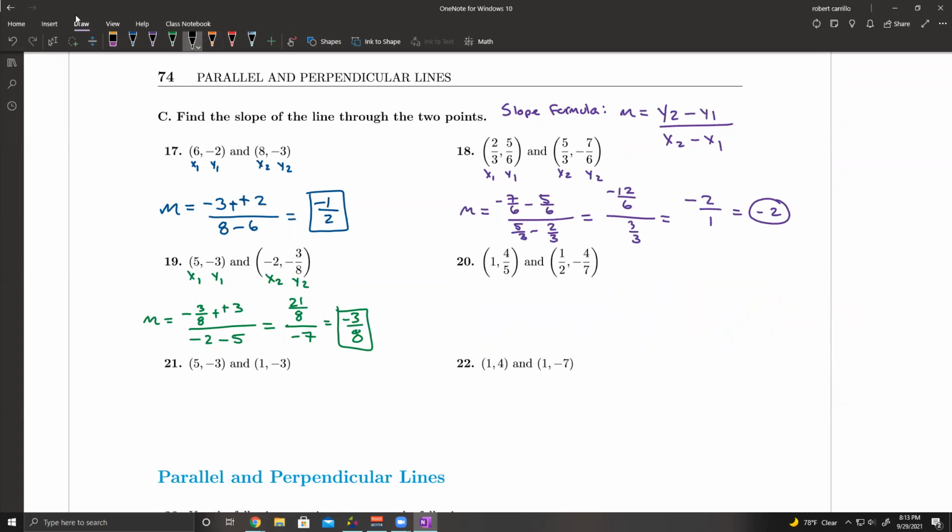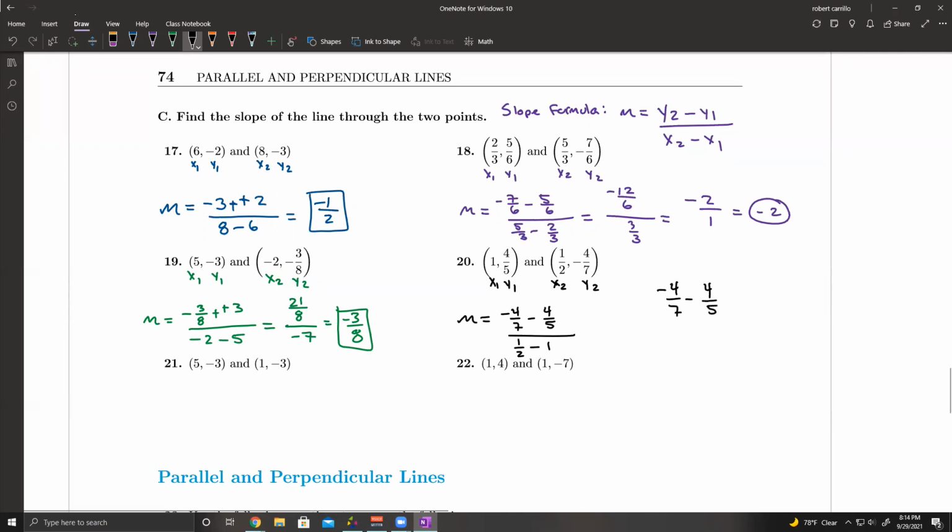All right, 20. There's my x1, y1, x2, y2. M equals y2, which is negative 4/7, minus y1, which is 4/5, over x2, 1/2, minus x1. All right, more fraction work. Negative 4/7 minus 4/5.